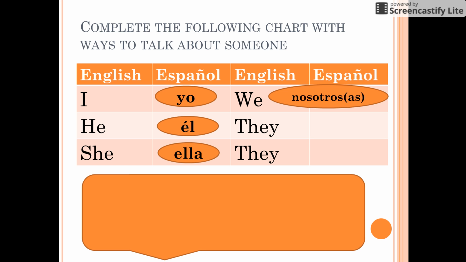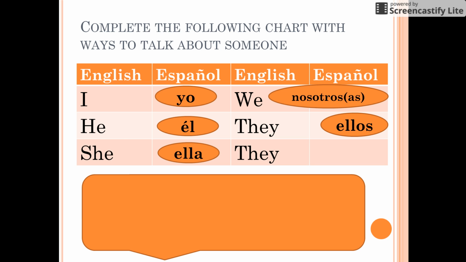What if I was talking about a third person plural? That means not just he, but he, and maybe she too. That's a lot of people, okay? Or maybe I'm just talking about a couple of people, he and she. That's third person plural. What would I use in Spanish? You got it if you said ellos.